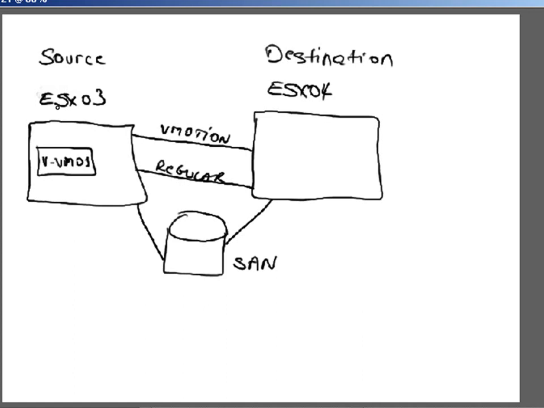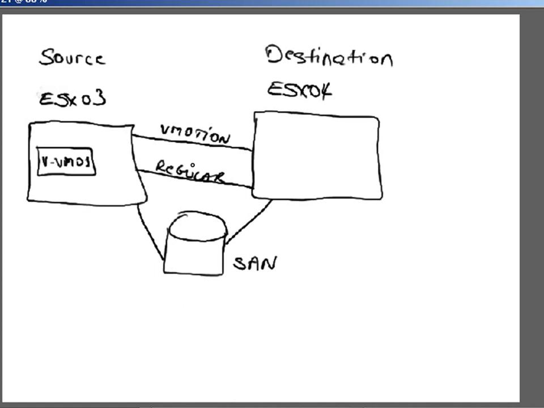In this scenario, ESX03 is our source host, and ESX04 is our destination host. Now, obviously, they both have access to the SAN, where this virtual machine's configuration files, VMDK files, all of them reside. They both have to have access to it. They obviously have to both have access to the vMotion network and to the regular network.